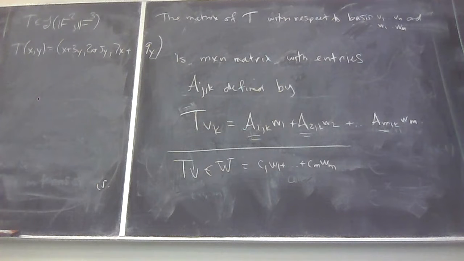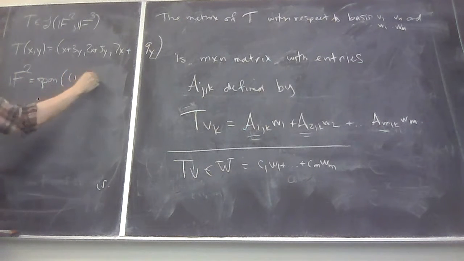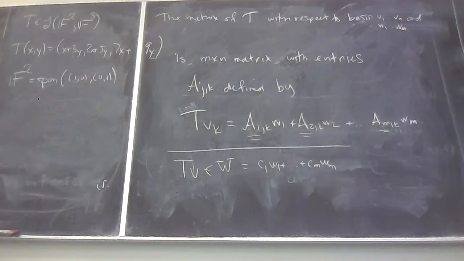From F2 to F3. I want to find the matrix for T. Well, to get a matrix for T, I've got to pick some basis vectors for my input space and my output space. What's the best basis you know of F2? That's pretty good: (1, 0) and (0, 1). Those are good basis vectors for F2.